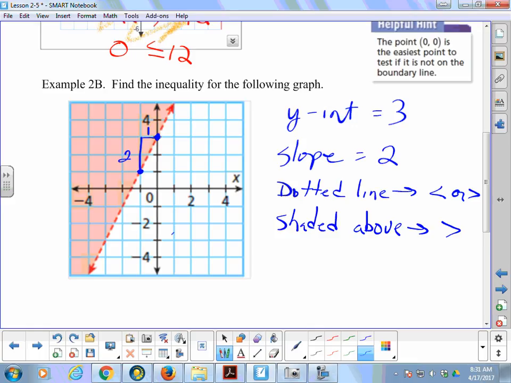If it's shaded above the line, it's greater than. So we have y is greater than, and we're going to put this in y equals mx plus b form. We're just going to have the inequality here instead of the equal sign. So y is greater than our slope times x plus the y-intercept.